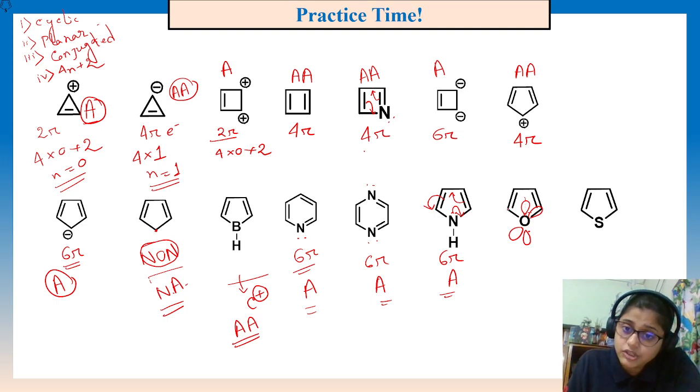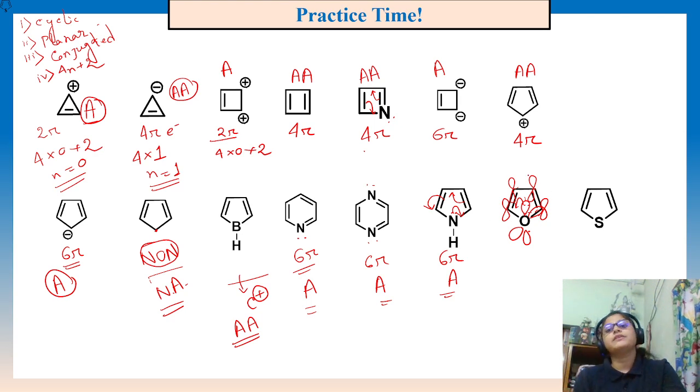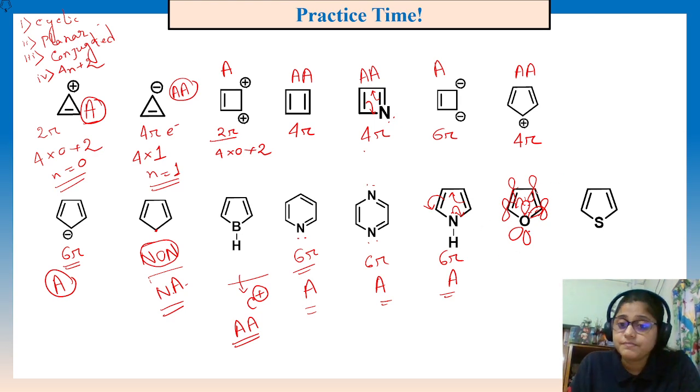The conjugation will happen when parallel p orbitals are present. The lone pair in this p orbital will be conjugated to the whole system. But the lone pair here is at a 90-degree angle with the rest of the p orbitals, so it will not participate in the conjugation.